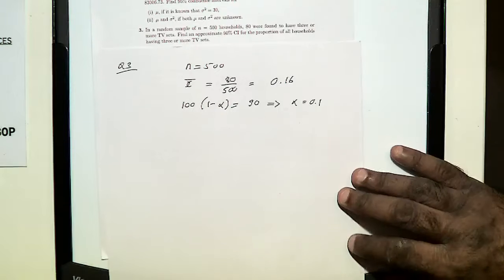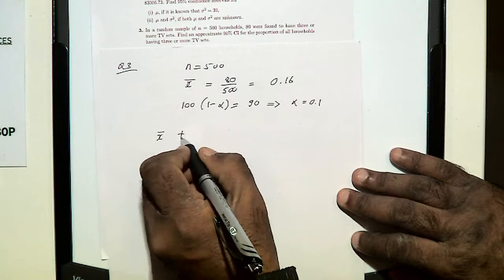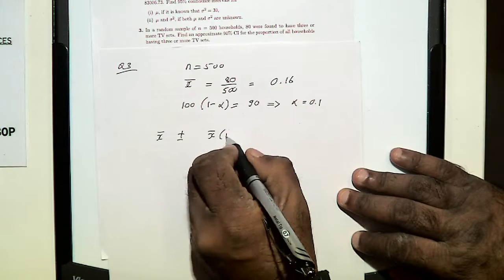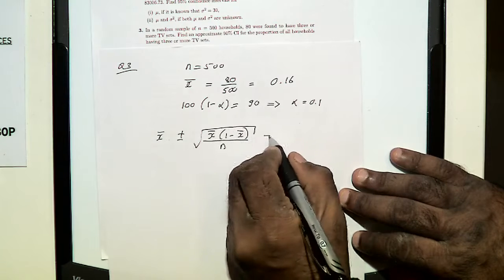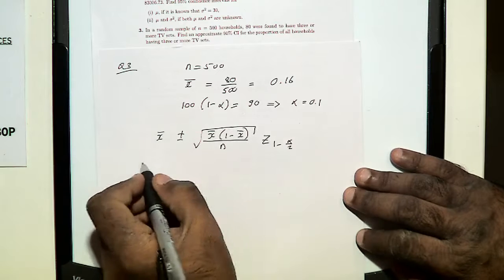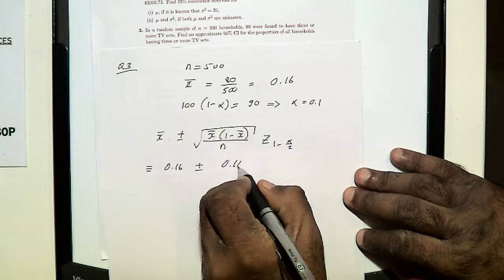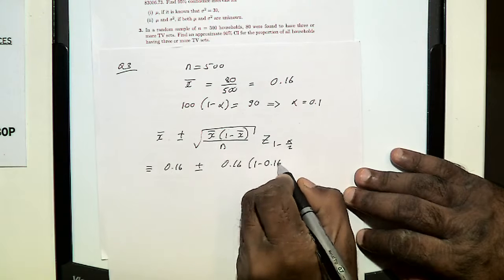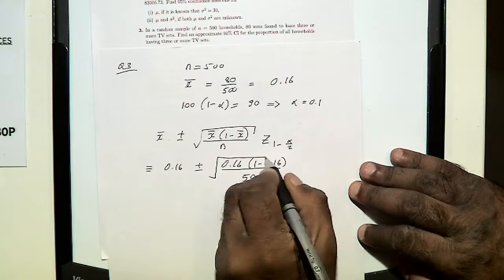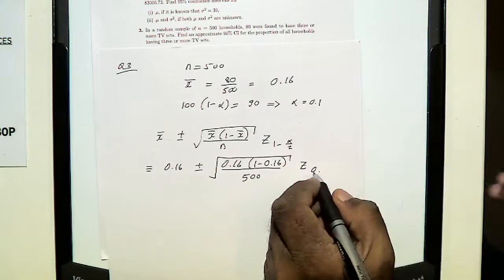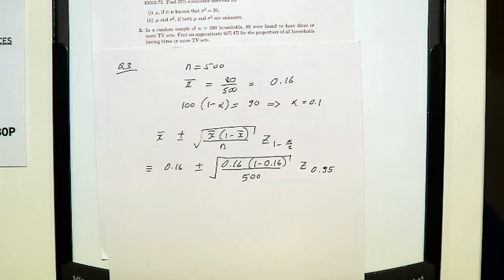So using the formula that I just showed you, the confidence interval is going to be X bar plus or minus. All right, guys.